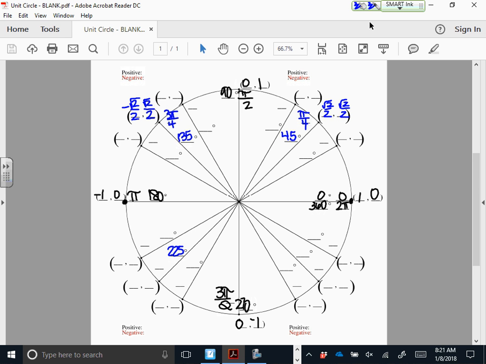We are pi over 4 past pi. 5 pi over 4. Okay. All right, and if we want to get to this coordinate right here, we have to travel left radical 2 over 2 and then down radical 2 over 2.